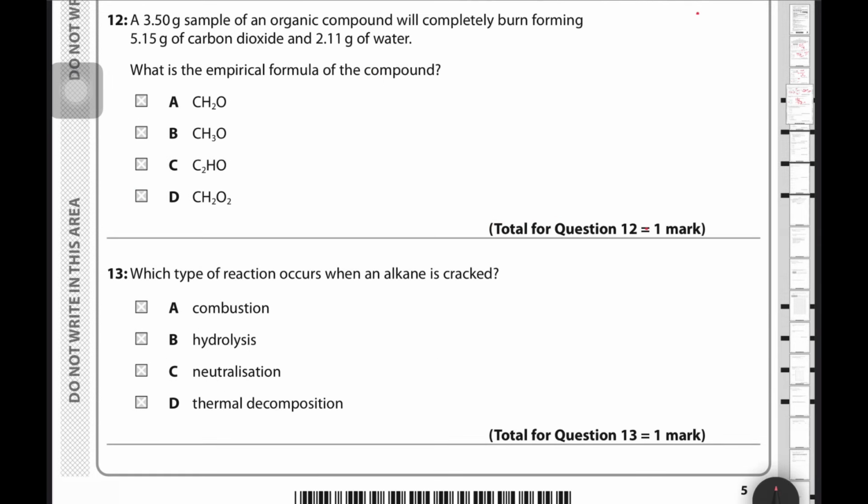11C. So you have to find the empirical formula in this question. Let's begin. So let's find the mass of carbon from carbon dioxide and the mass of hydrogen from water. So carbon is 5.15 times 12 upon 44.